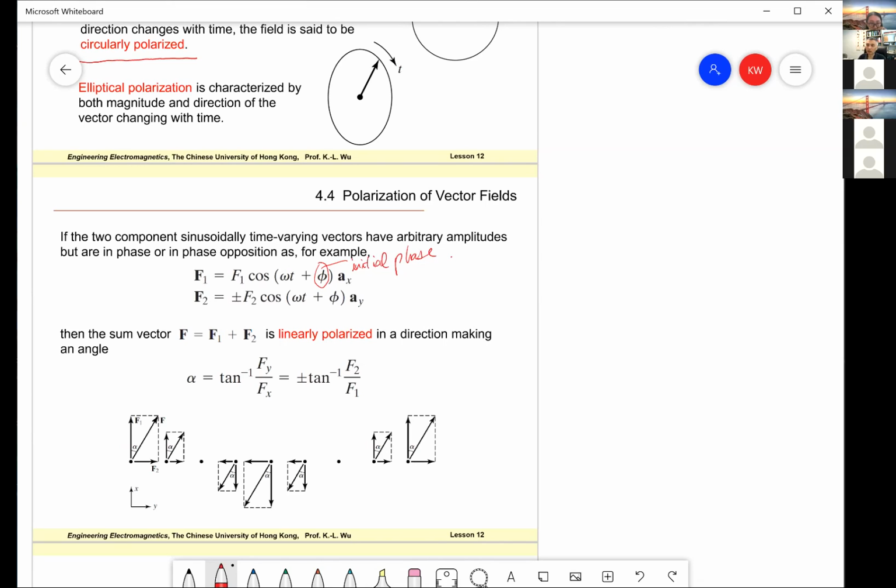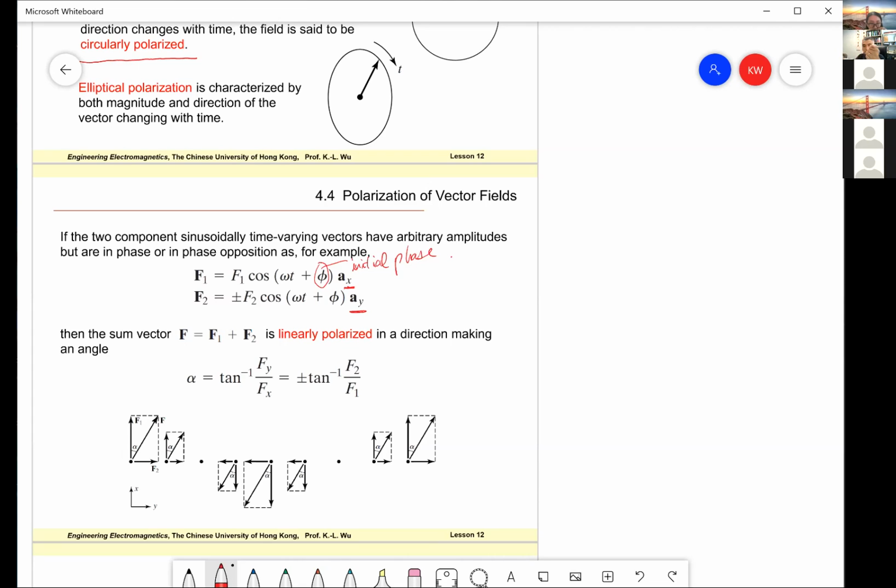Now let's say we have an electrical field component in two directions, one in the X direction and one in the Y direction.